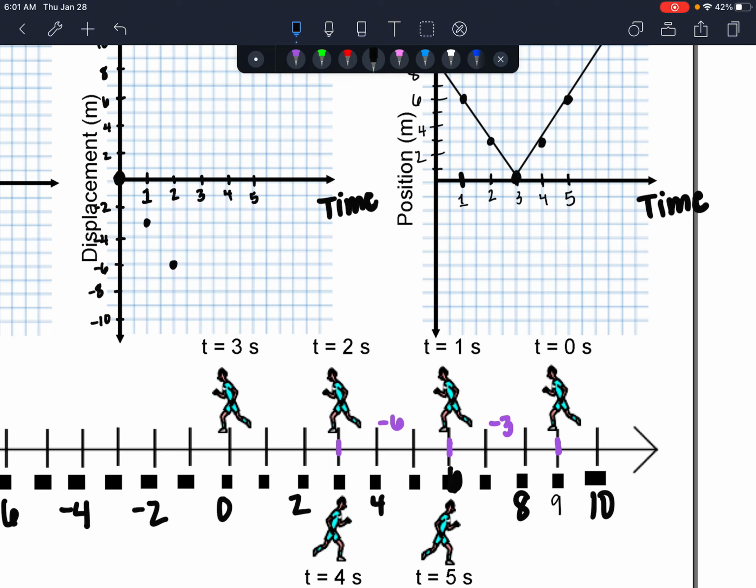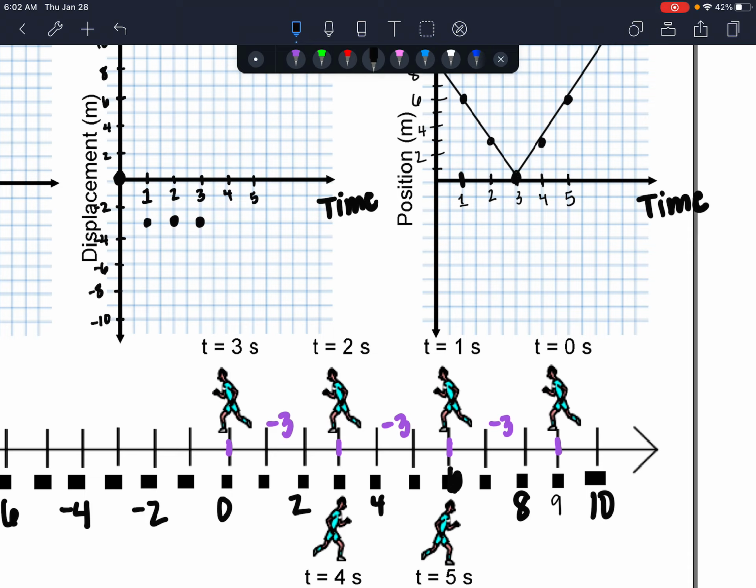Because if I were to do it from 1 to 2 seconds, look at what data I'd get. From 1 to 2 seconds, I went from 6 to 3, which is another displacement of -3. So at 2 seconds, my displacement was still here at -3. And then from 2 to 3 seconds, I went from 3 to 0, so -3 again, right?